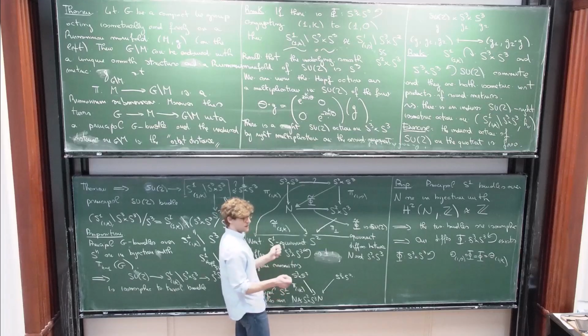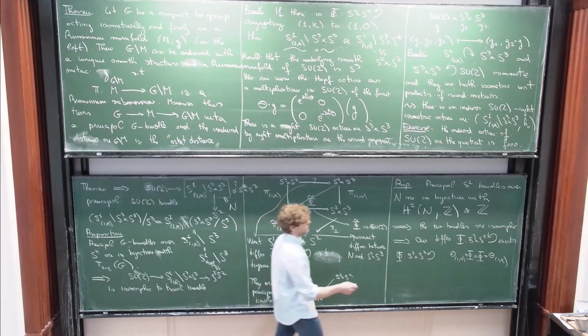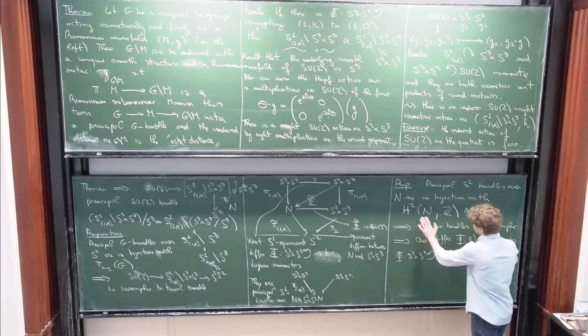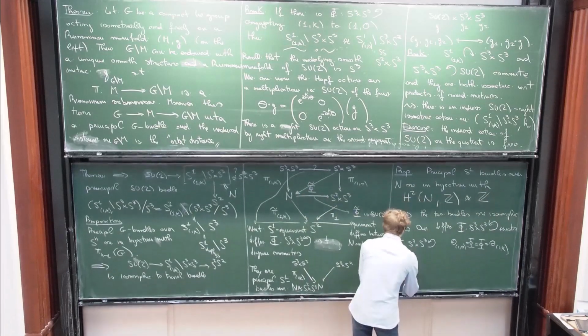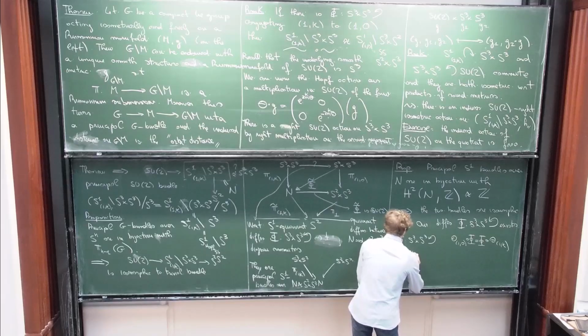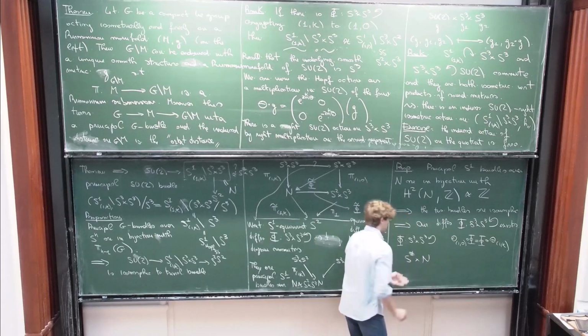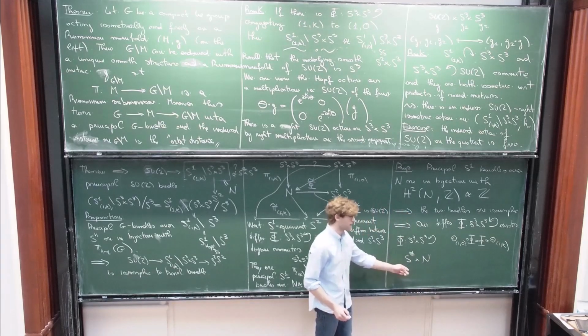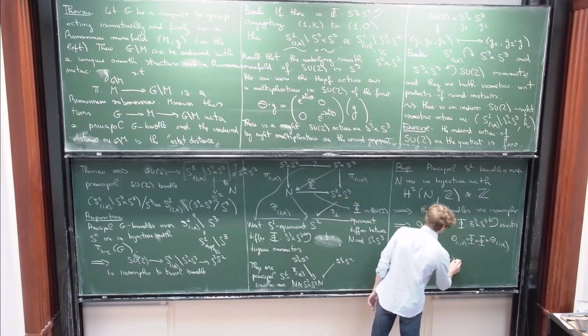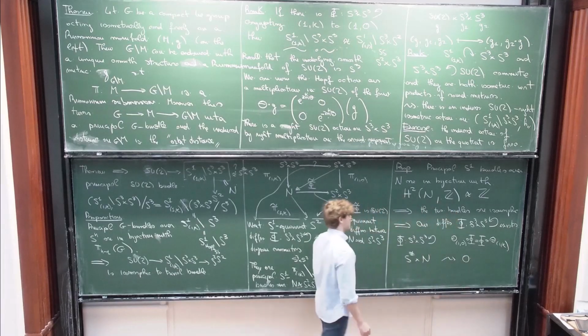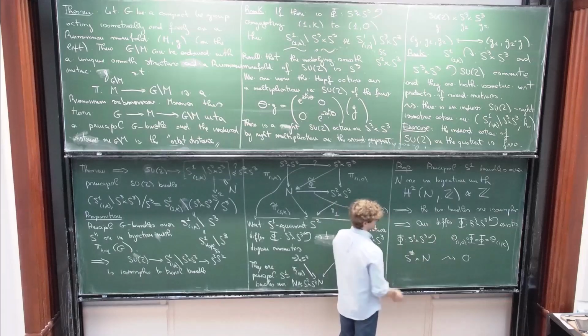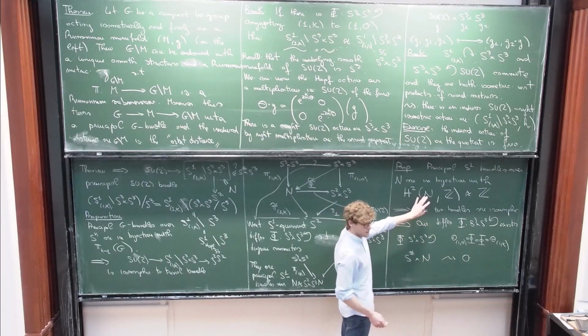If you pick different elements, the total spaces, which are diffeomorphic, would have different fundamental groups. There is the trivial one, S1 times N, where you just rotate on the first component, and this is associated to 0. Now there is our guy, which is associated to 1 or minus 1.